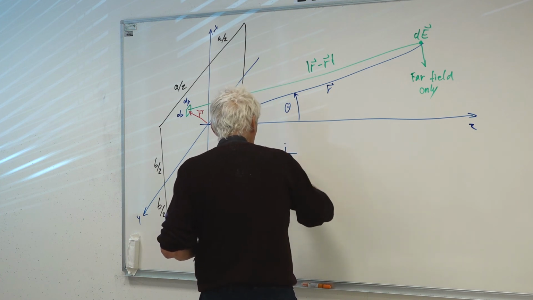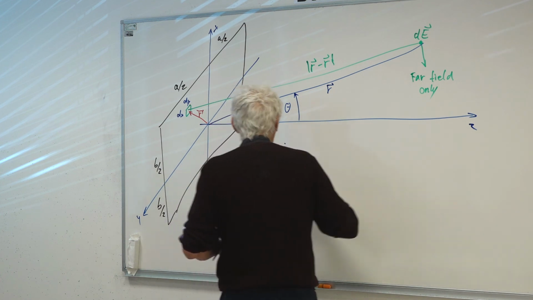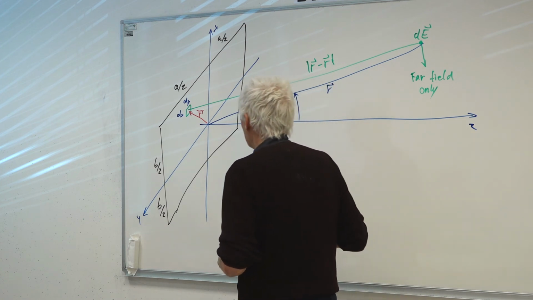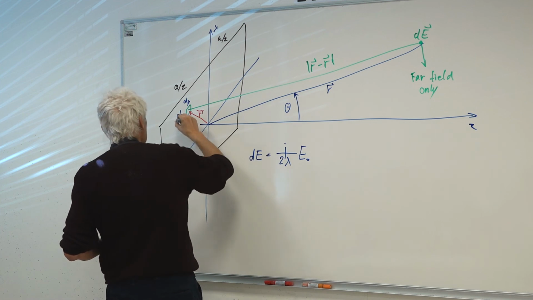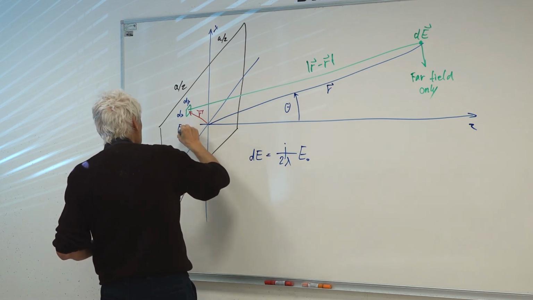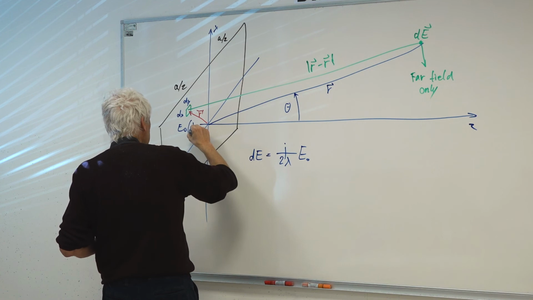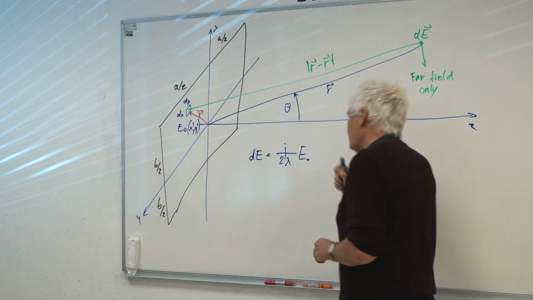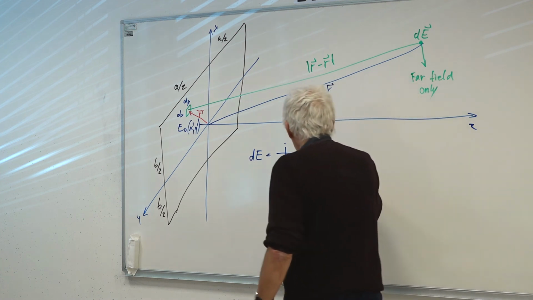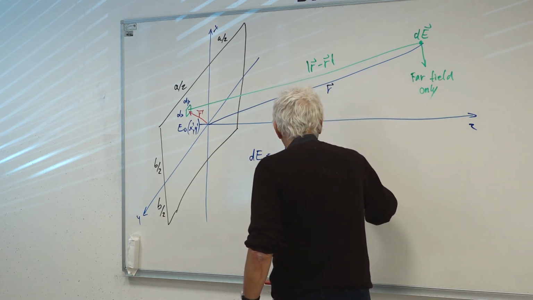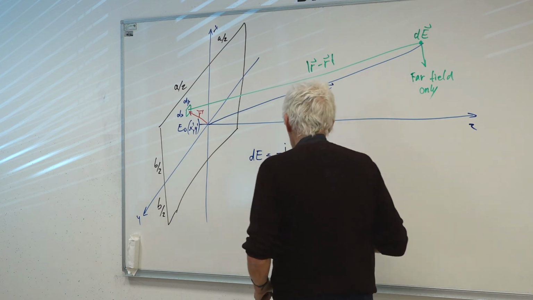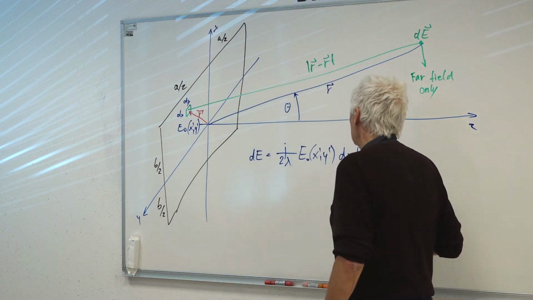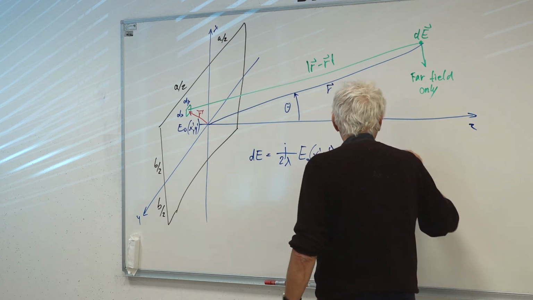It's j over 2 lambda. Then it's E0, the E0 that I have on the surface, maybe a function of x prime and y prime. So x prime and y prime together make r prime. It may not be constant over the aperture, okay? May not be constant. dx, dy. I also have the radiation term, e.